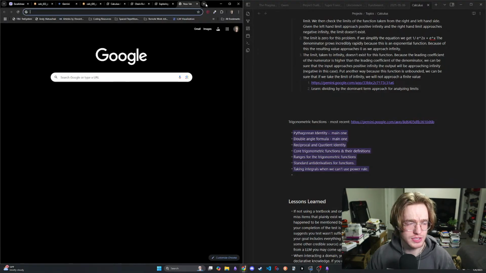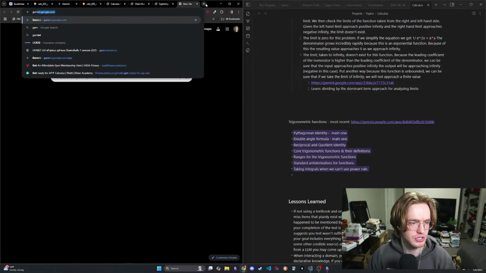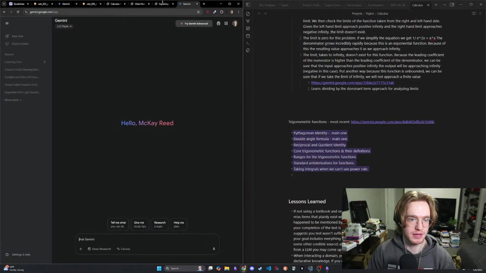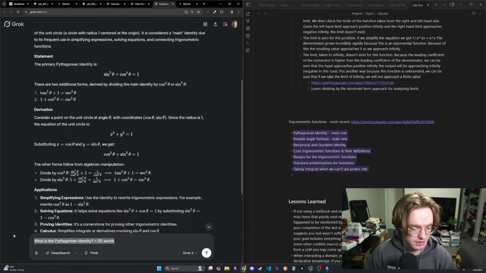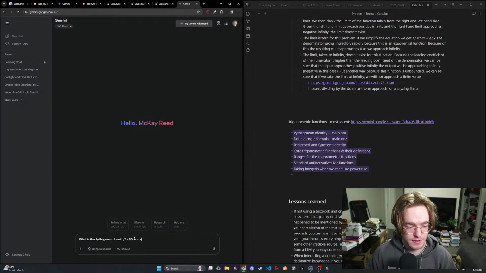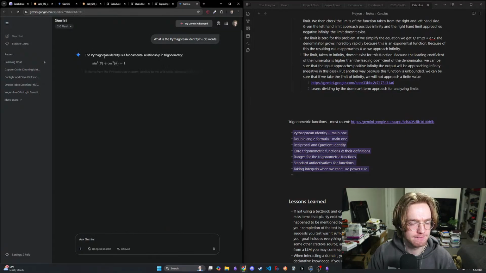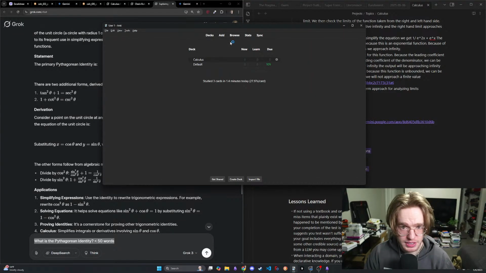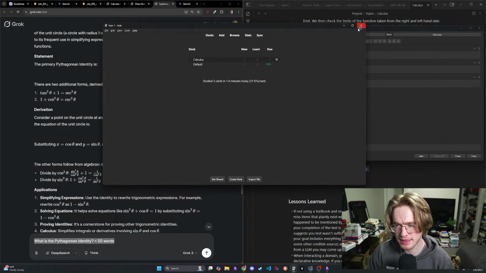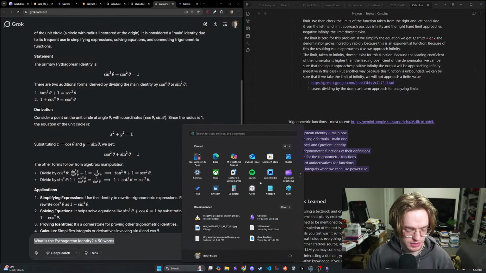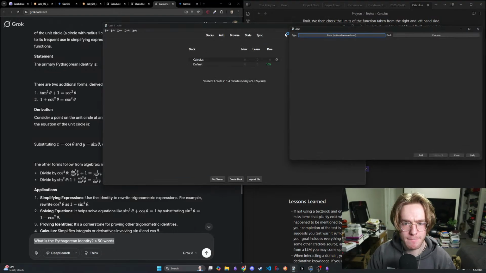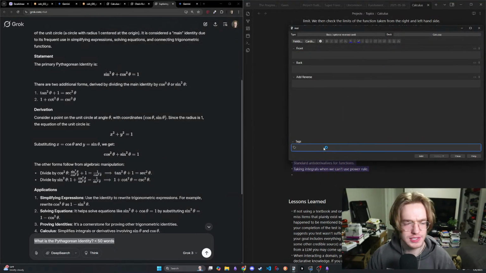Okay, and then I'm also going to ask Gemini the same thing, just to make sure that we have identified, like, this is what the Pythagorean identity is. So go here. Okay, yep. And I think these will probably be in trigonometry and math, though I could put them in calculus as well. Let's see.